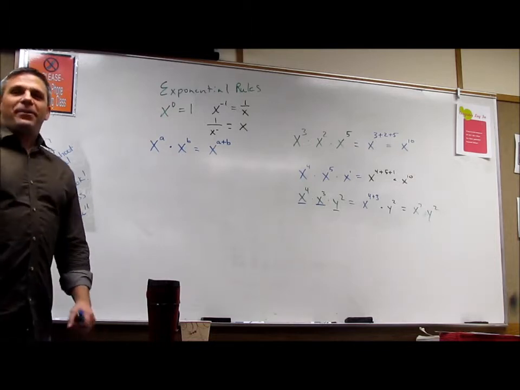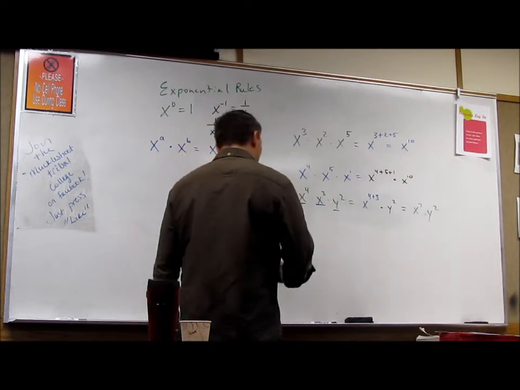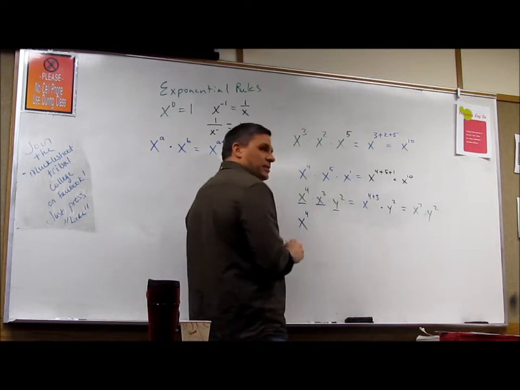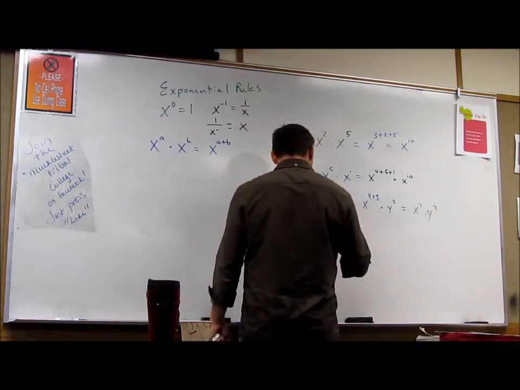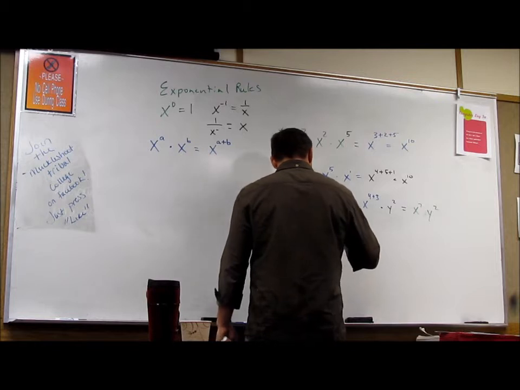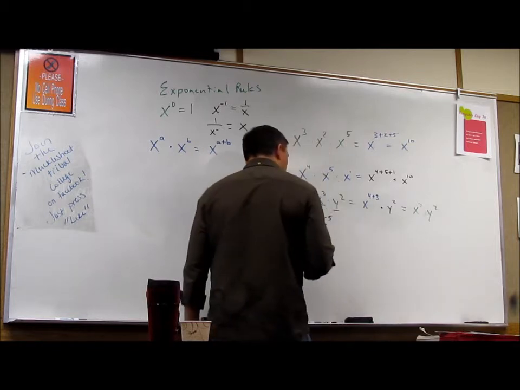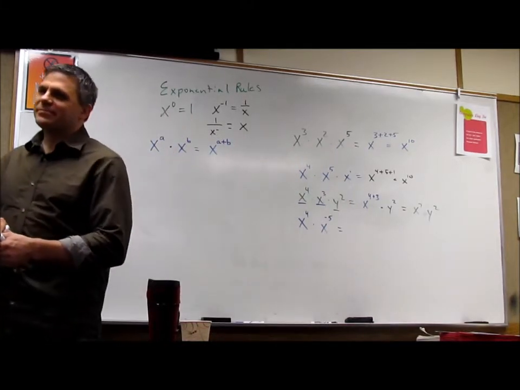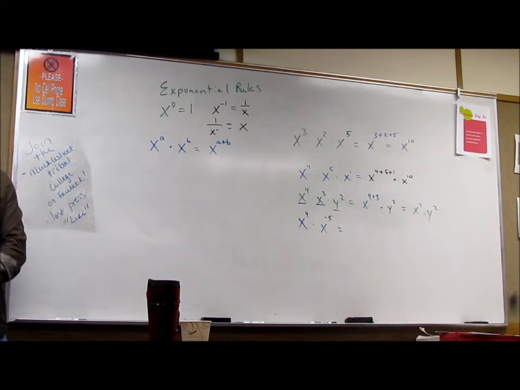Alright, let's step it up a notch. X to the 4th times x to the negative 5. What does that equal? 1 over x.